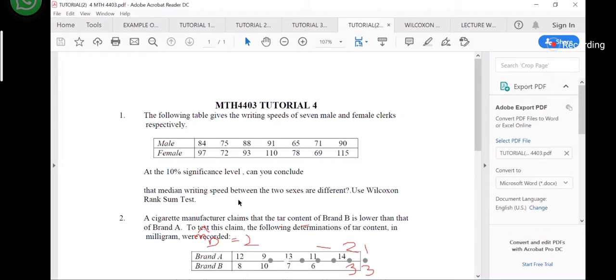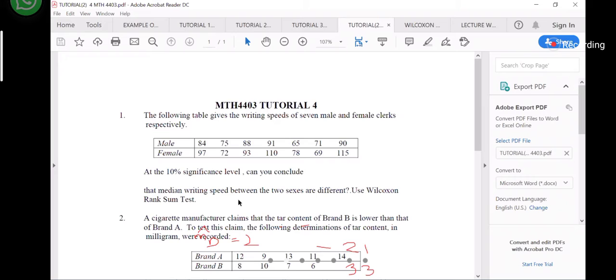Given a problem, you have to really understand whether the samples are dependent or independent. If you wrongly understand that, then all your answers will be wrong. So it's very important.